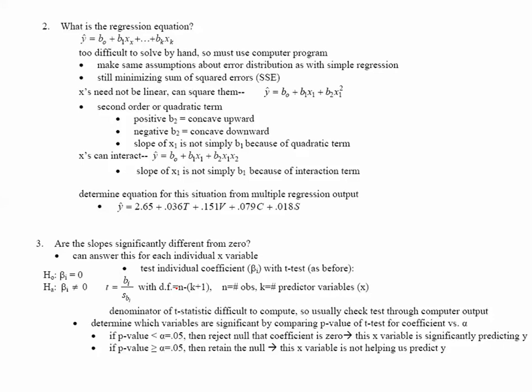Number 2, what is the regression equation? Well, in section 8, simple linear regression was just looking at an intercept and a single slope. Now we're looking at multiple slopes.